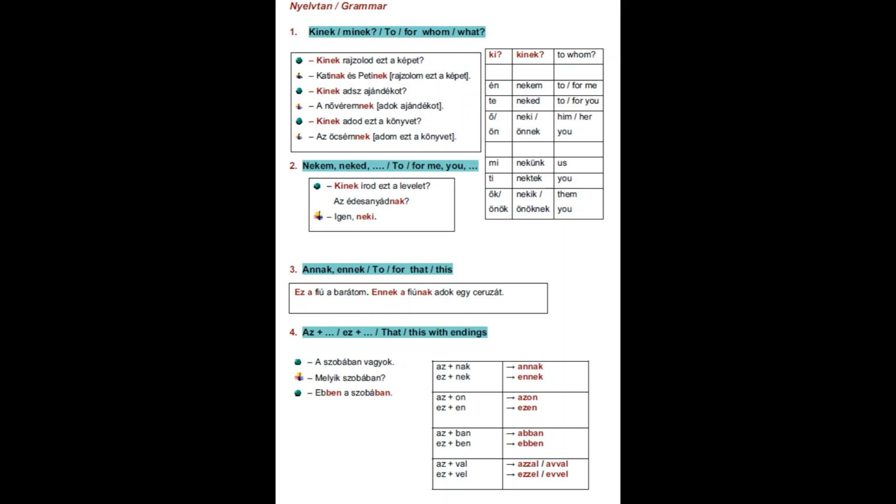Öcs is younger brother. Báty is older brother. Don't get confused. You'll just learn these words eventually, okay? But öcs is younger brother. And öcsém is my younger brother. Öcsémnek is to or for my younger brother.